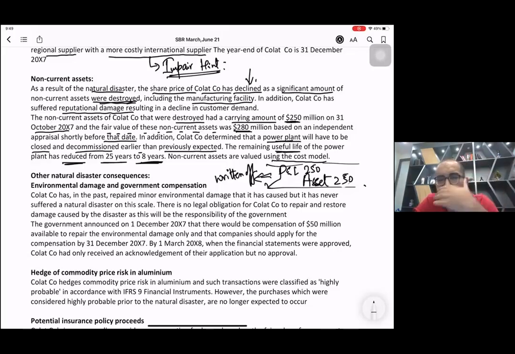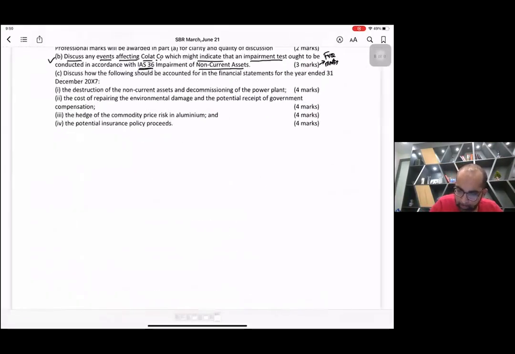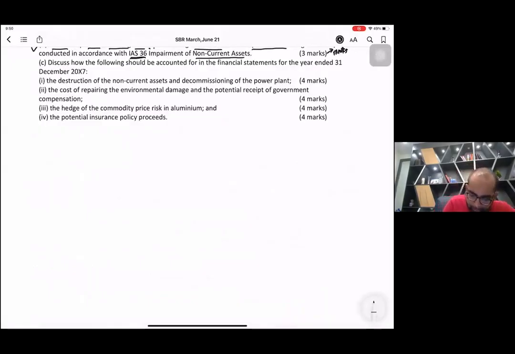Okay, now wait, let me explain. Let me try my best, because this is a basic topic. Let me try my best to explain decommissioning liability. Sometimes we call it compulsory disposal cost. Let me shift the page first. Listen, this is year 0.